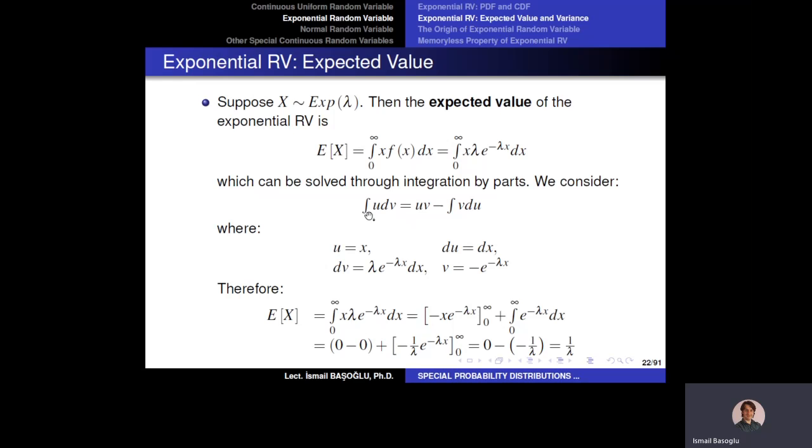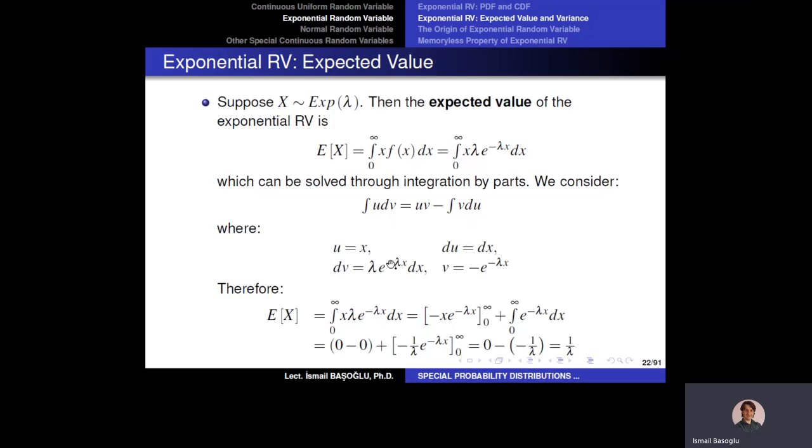If we have an integral in the form of u times dv, we can compute it as u times v minus the integral of v times du. And here we are going to call u to be x, and dv is going to be the remaining part, lambda times e to the power minus lambda x dx.